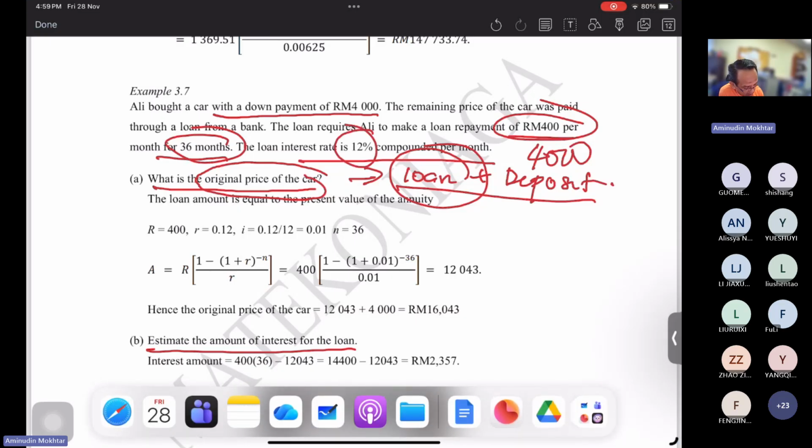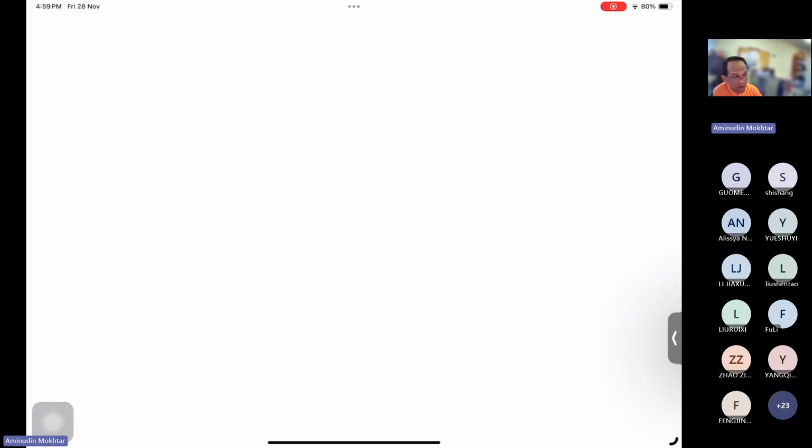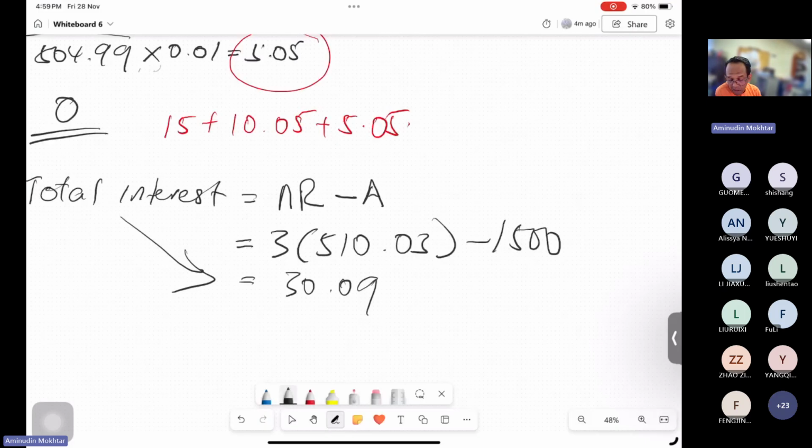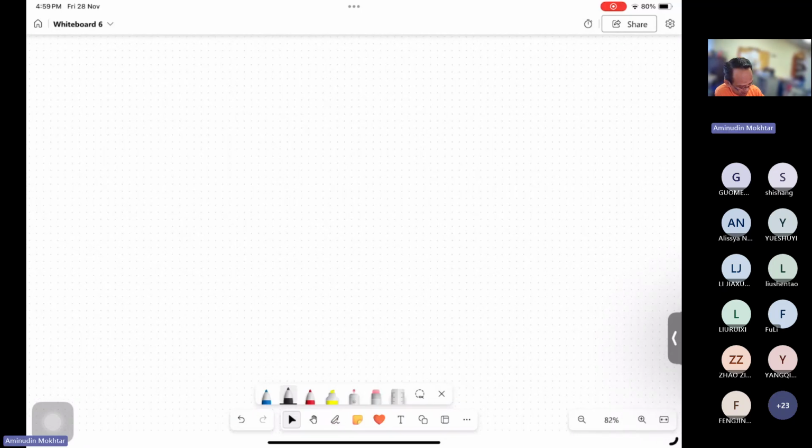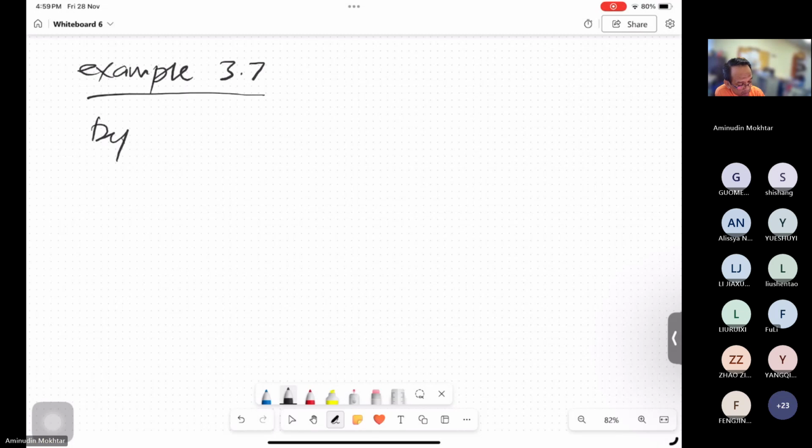Okay, let's see how to answer this question. Please refer to example 3.7. Deposit is equal to the deposit or down payment, RM 4,000.